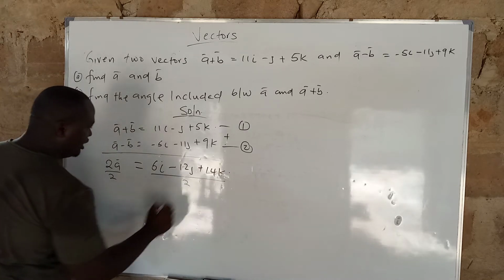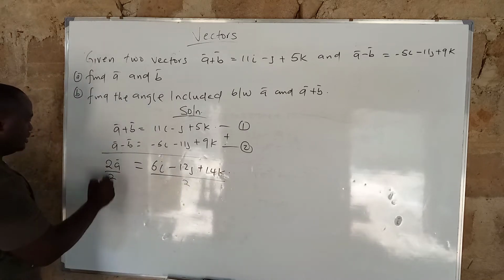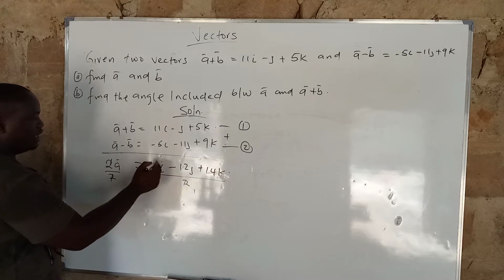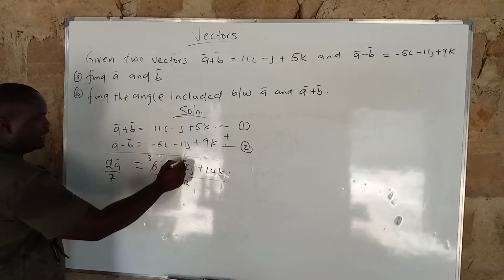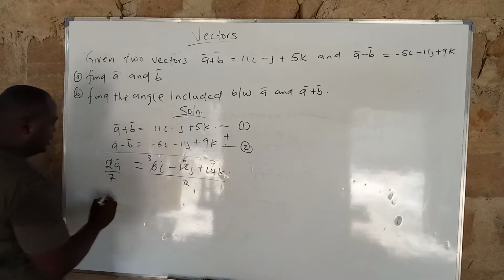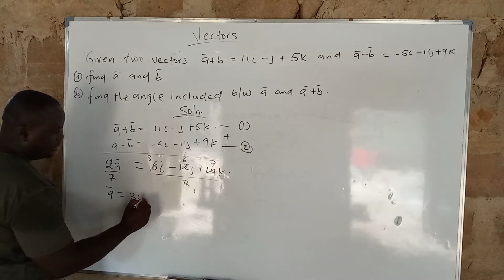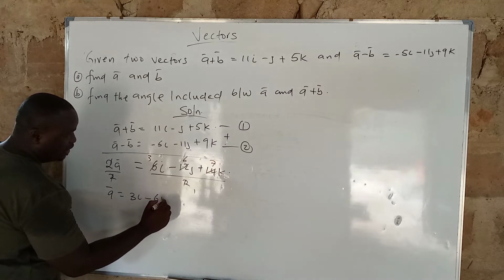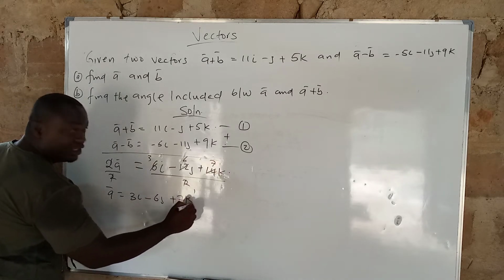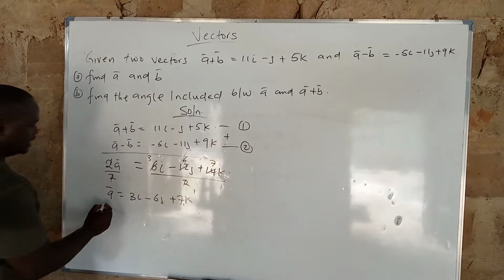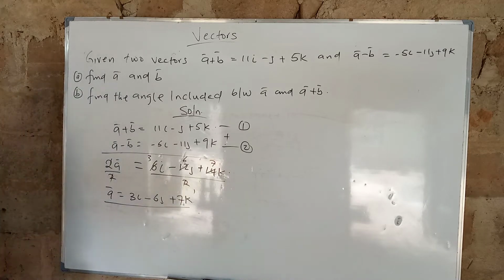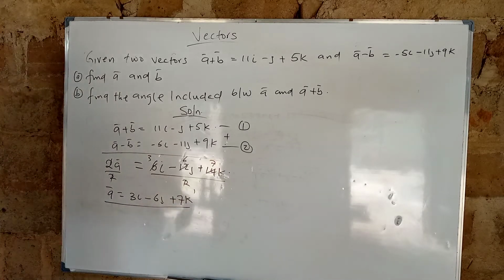Divide everything by 2, and then this will go here, 3, here, 6, and here, 7. So the vector A is equal to 3I minus 6J plus 7K. This is the answer to A.